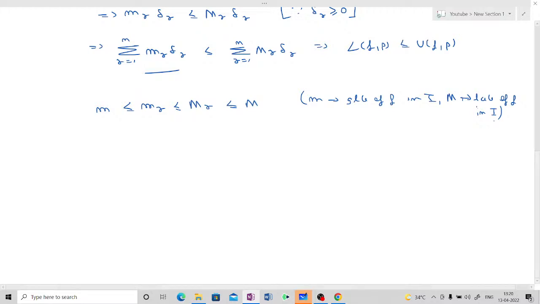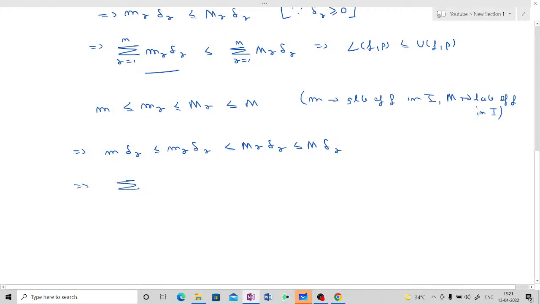So what we can take from here is that we can multiply delta r on all the sides, so we get m times delta r is less than or equal to m_r times delta r, which is further less than or equal to M_r times delta r, less than or equal to M times delta r, and then we take the summation.